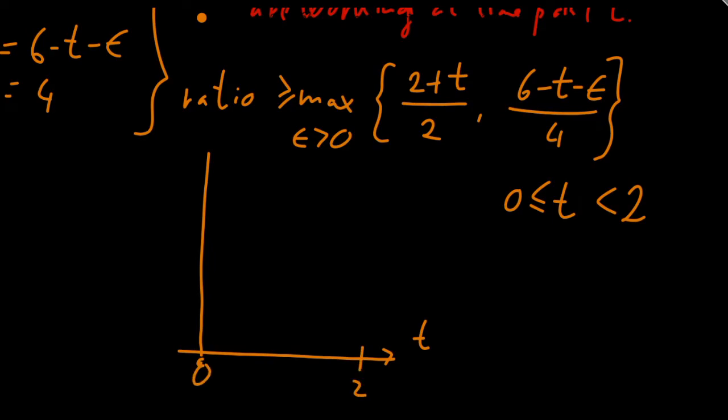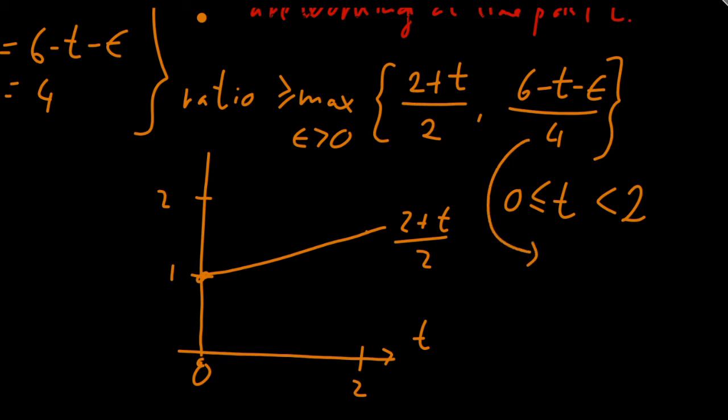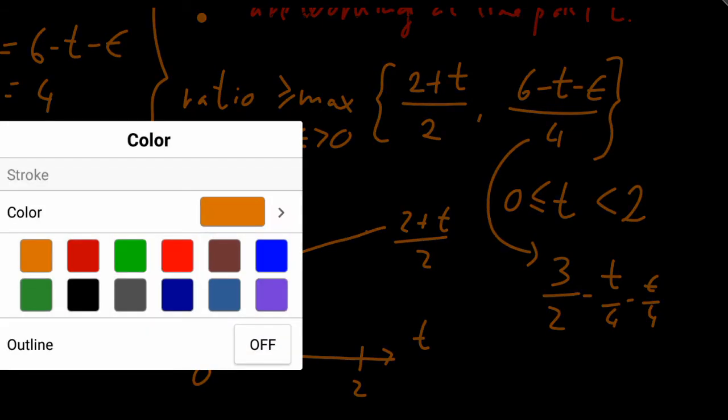And then I have this 2 plus t divided by 2, which is 1 plus t over 2, so the line comes from here. So it's 2 plus t divided by 2, and the other thing is 6 minus t divided by 4, so it's basically 3 over 2 minus t over 4, well, minus epsilon over 4, which means that I can draw these things.